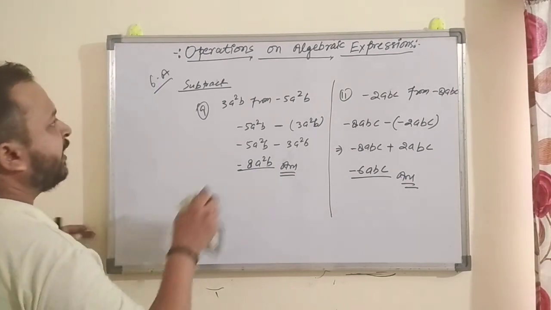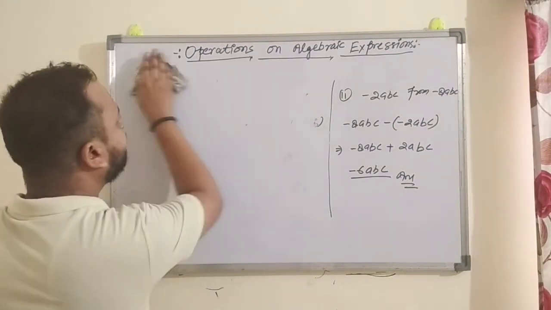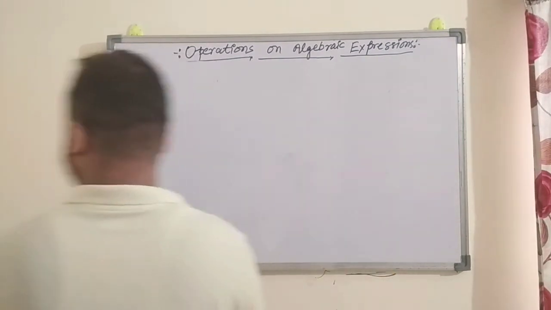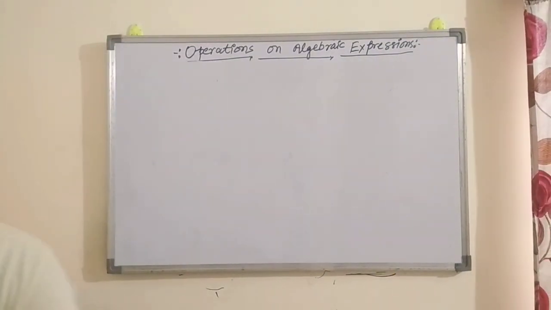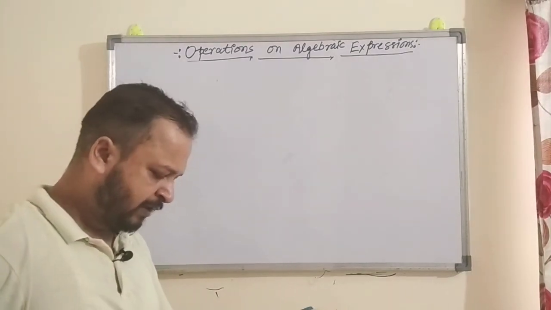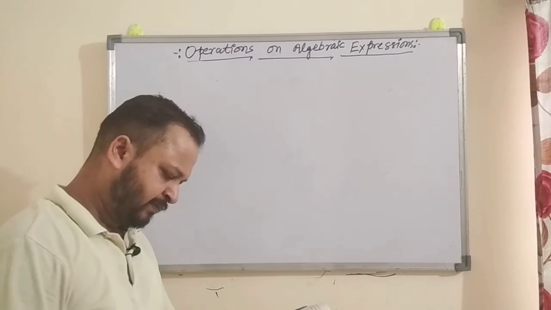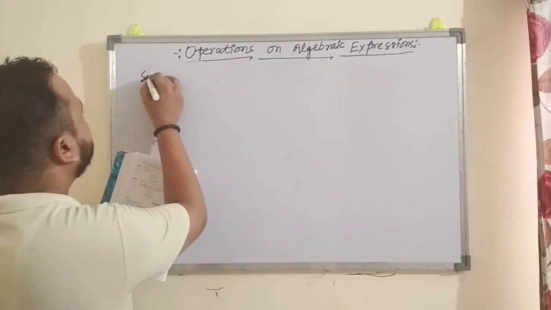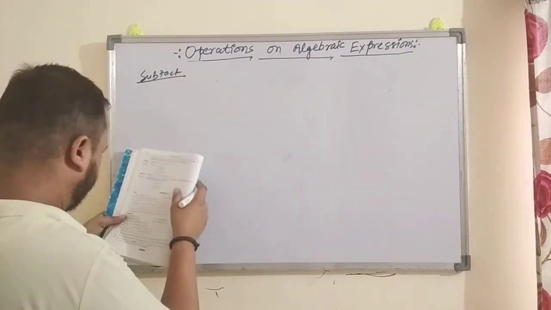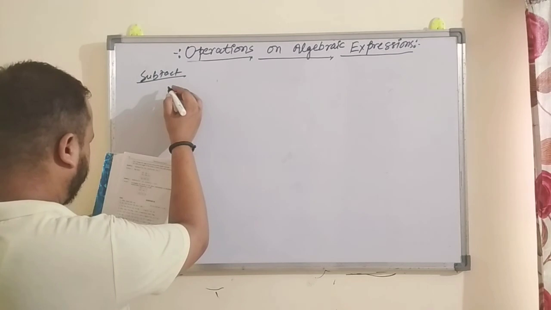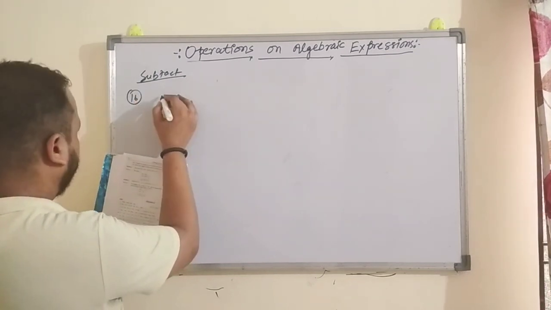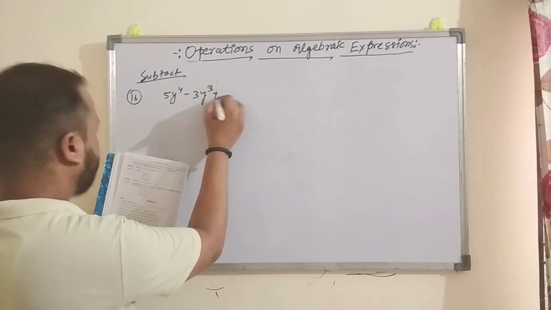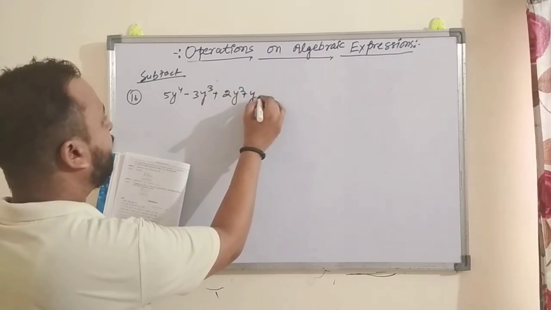So here signs are opposite, so minus 6abc is the answer, right? Now come to the bigger expressions. I'm going to take question number 16. Subtract 5y power 4 minus 3y cube plus 2y square plus y minus 1.